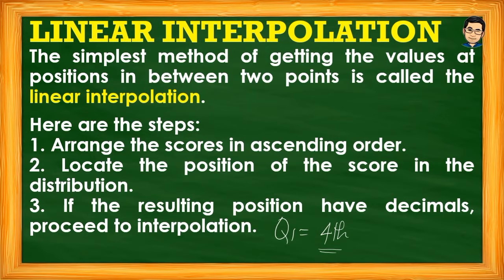Linear interpolation applies only when there are decimals, for example, when the position we got for quartile 1 is 4.3. It has a decimal, so that is the time to use the interpolation method.